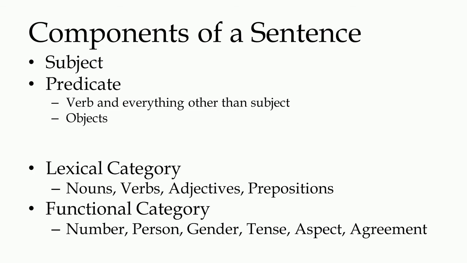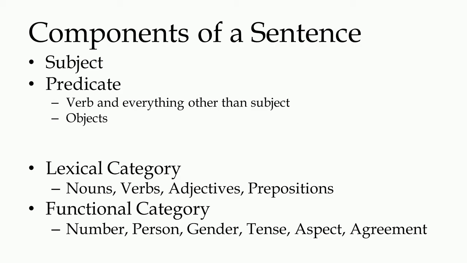So, let us look at some of these things that we have already looked at: subjects, predicate, and here we want to again underline that verbs and everything which is part of the verb and not the subject of the sentence, everything is part of predicate.